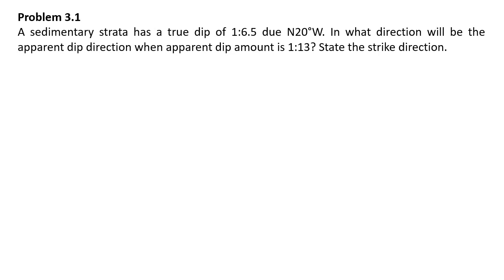A sedimentary strata has a true dip of 1:6.5 due north 20° west. So here the true dip amount and direction are given. Then what is asked? In what direction will the apparent dip be when the amount is 1:13, and also we are going to find the strike direction.